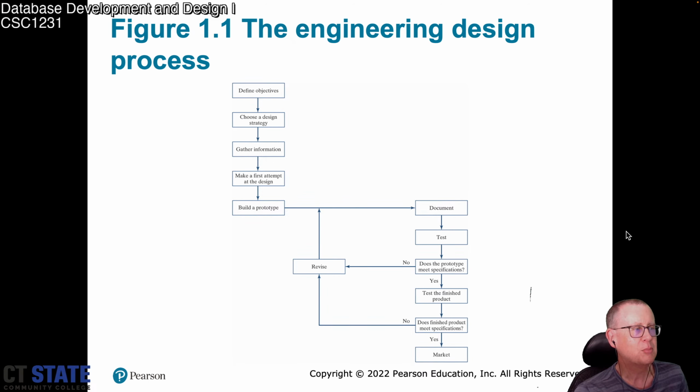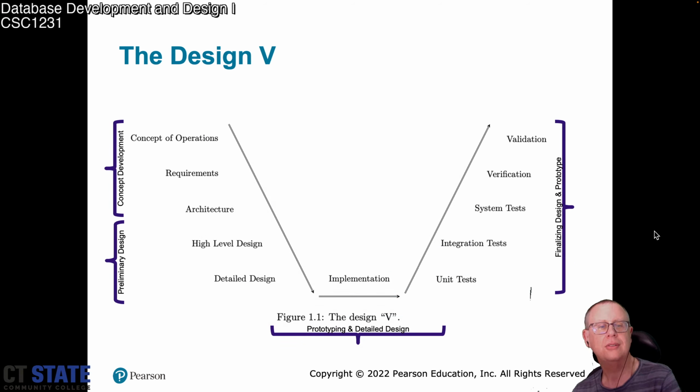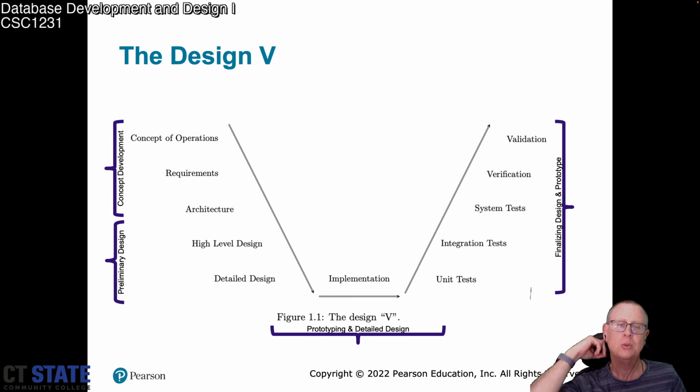I actually prefer a slightly more generic approach, and that is this thing called the design V. Here we start up on the left hand side with the concept of operations. What's our idea? What are we trying to achieve? And from that we can write down the requirements.